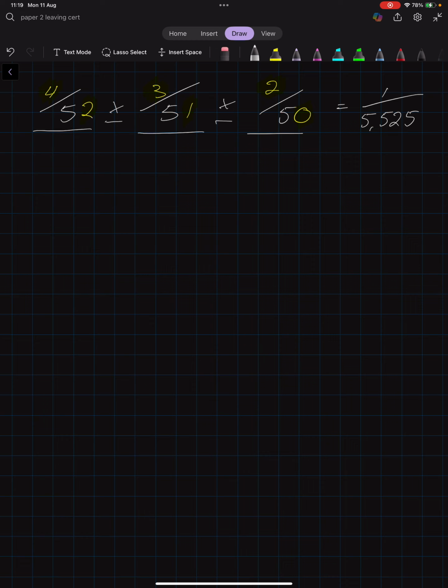The next bit says, none of the 3 cards are a king. If none of them are a king, that means, here we said there are 4 kings, so there's 48 cards that aren't kings. So we have a 48 out of 52 chance that the first one is not going to be a king. Great. But now the second one can't be a king either. So now we've picked a card, so there's 51 cards left. 4 of them are kings, which means there's only 47 cards that aren't kings.